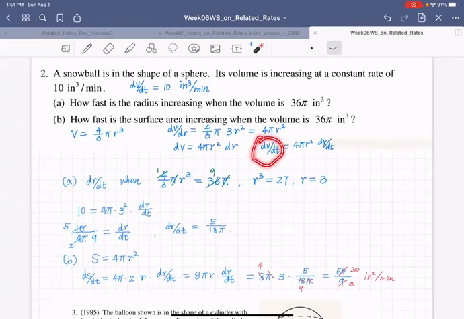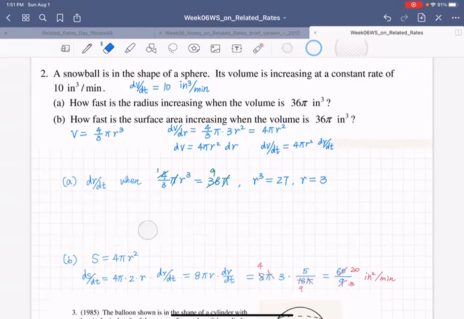We have no problem to solve the dr over dt, right? Okay, so dr over dt is equal to, we can plug in this guy on one side.